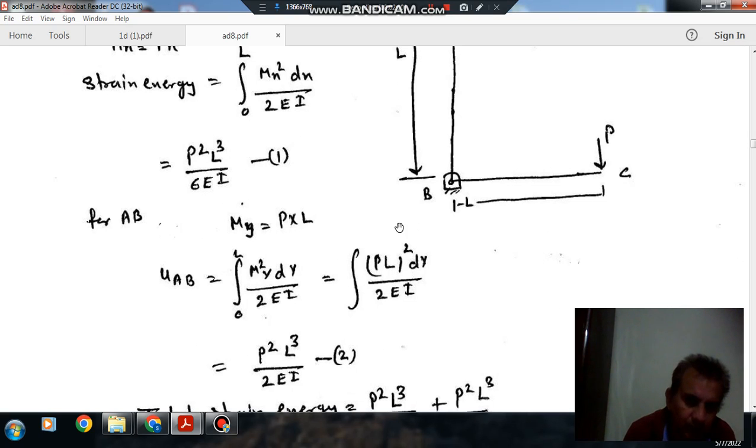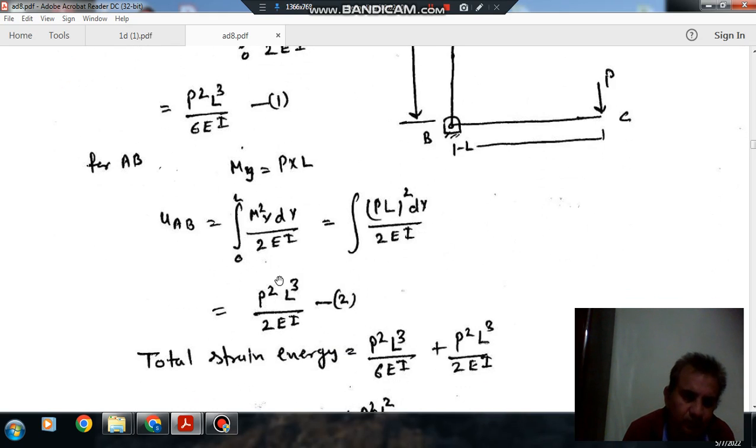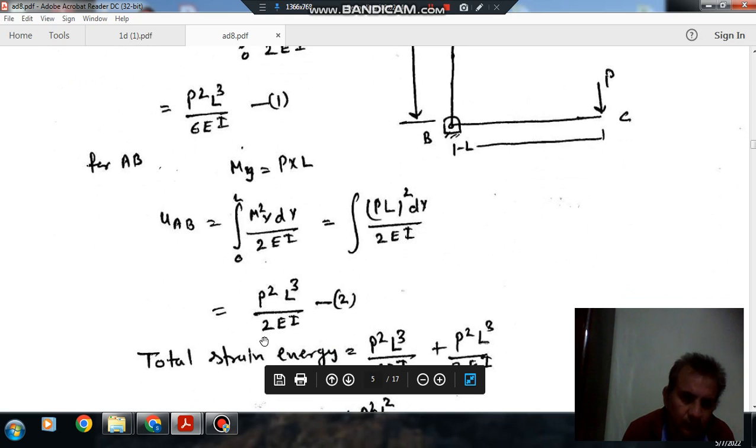It is also varying from 0 to L, taking y here, so y is also varying from 0 to L. So the strain energy comes out as P square L cube by 2EI.